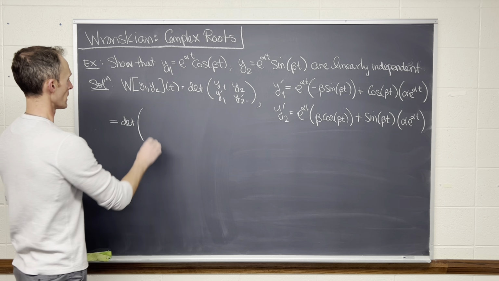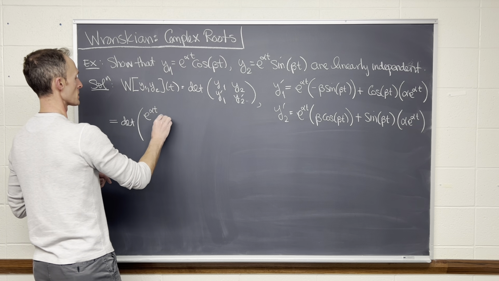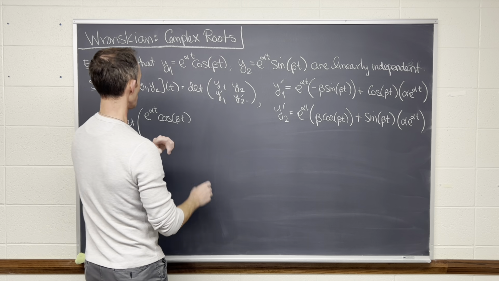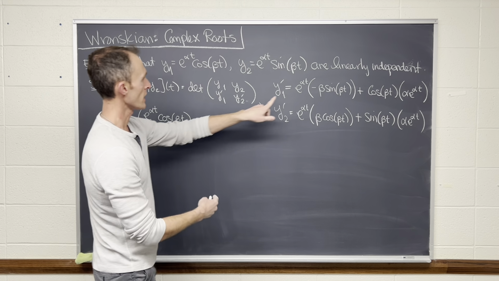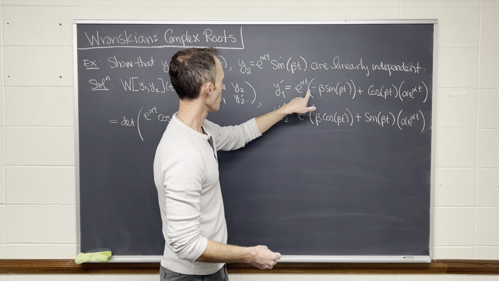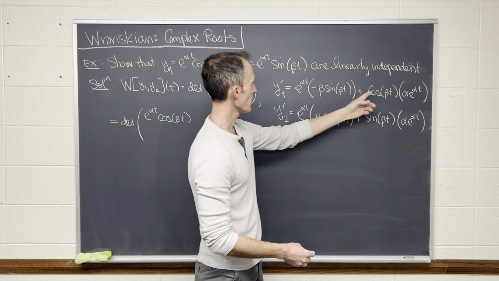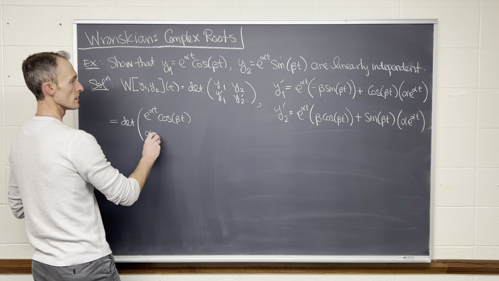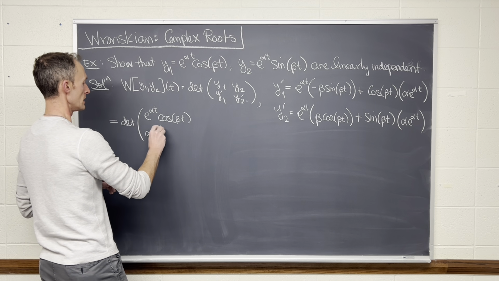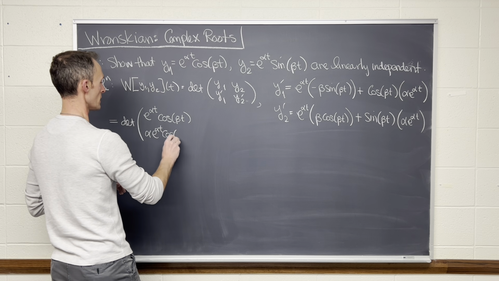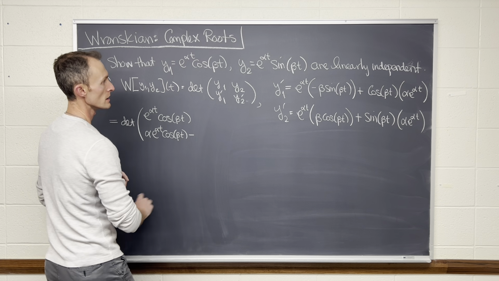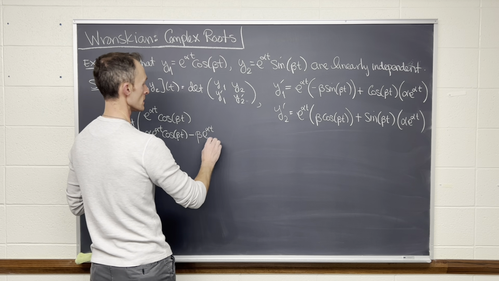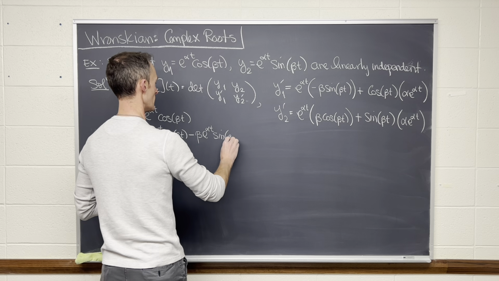Okay, y1 is this guy, so it's e to the alpha t times cosine of beta t. And for y1 prime, because it's pretty big, let's try and combine some terms. What if I just wrote the positive one first? So let's write this as alpha e to the alpha t times cosine of beta t minus beta e to the alpha t times sine of beta t.